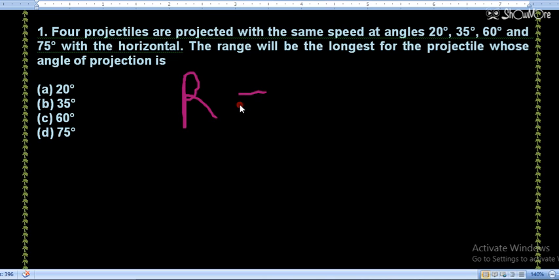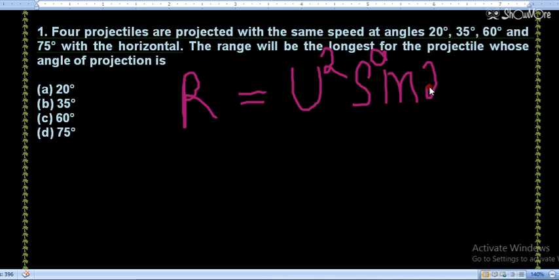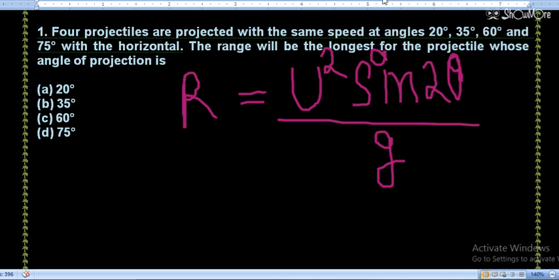Basically range is equal to u square sine 2 theta by g. But we have seen that g is constant. g is same for all the projectiles, which is acceleration due to gravity, and u is also same for all the projectiles.